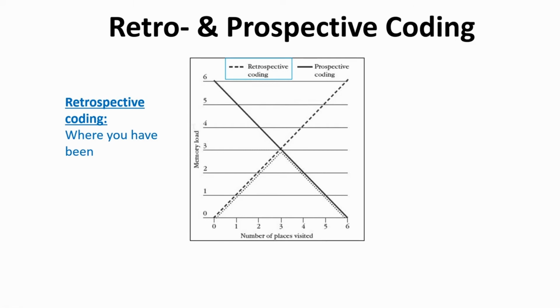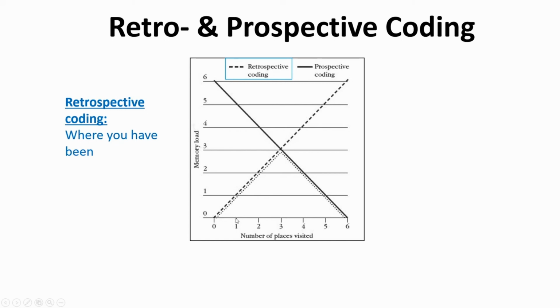As you are working to navigate, you have to keep in mind where you've already been so you don't go back. And then across the bottom, we have number of places that have been visited. So if we just follow that dotted line there, as you visit more places, your memory load should scale up accordingly. So if you haven't been anywhere, you don't have to remember anywhere.